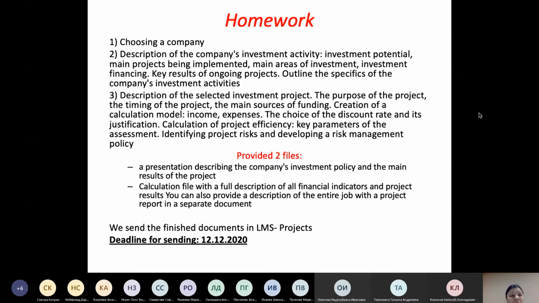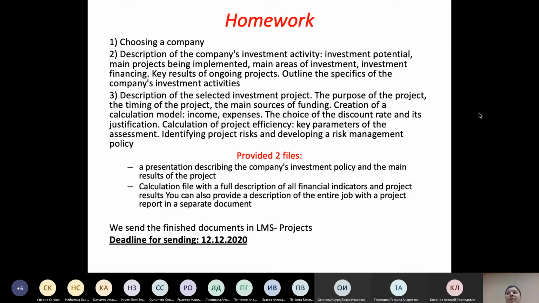The calculation file includes the description of expenditures, of incomes, of the discount rate, of finding the main parameters of our investment project, and the demonstration of the project valuation, certainly.